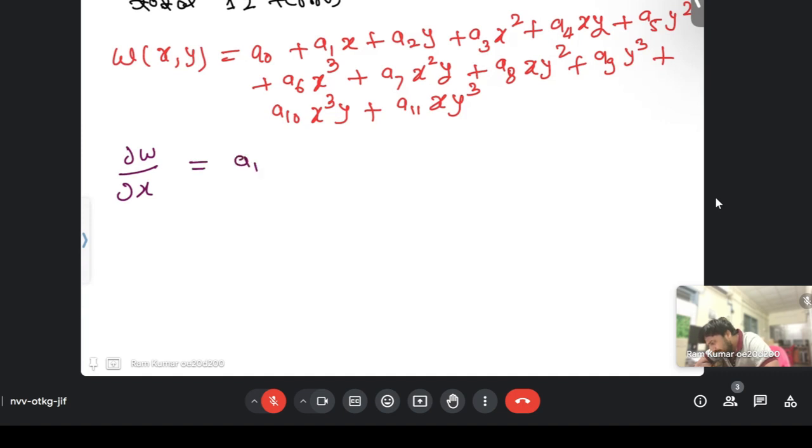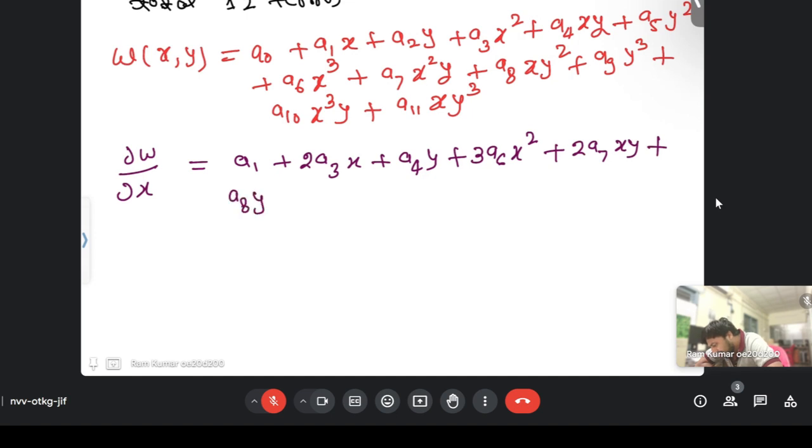It will be a1 plus 2a3x plus a4y plus 3a6x square plus 2a7xy plus a8y square plus 3a10x square y plus a11 y cube.